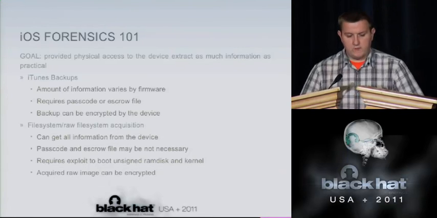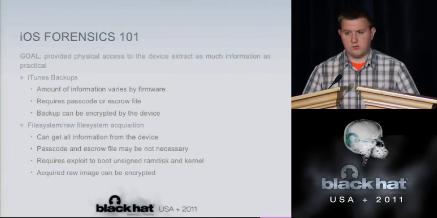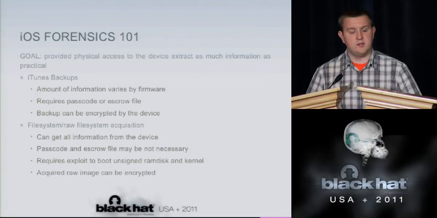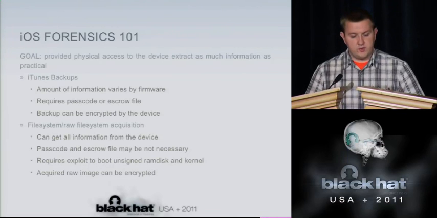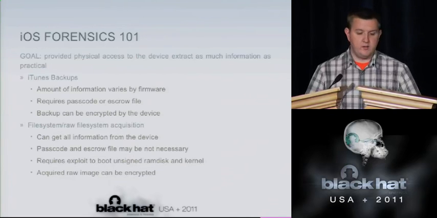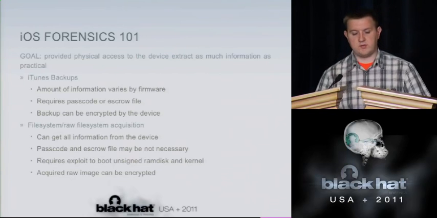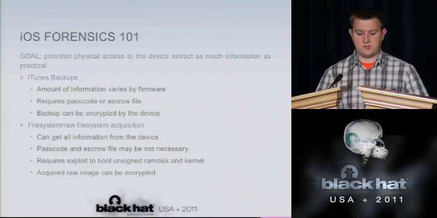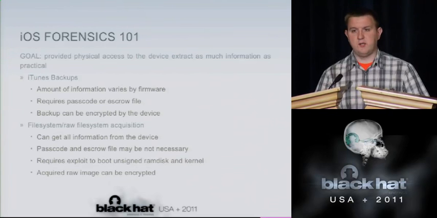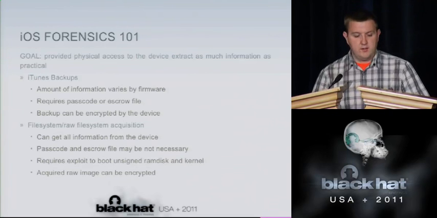So when it comes to iPhone forensics, there are traditionally two general ways of doing the acquisition. The first one is to utilize the built-in function of iOS to ask the device to create a backup of itself. This method is very good in the sense that it's very non-invasive. It doesn't alter the device, so the device contents are not changed. It doesn't require any sort of hacking of the device.